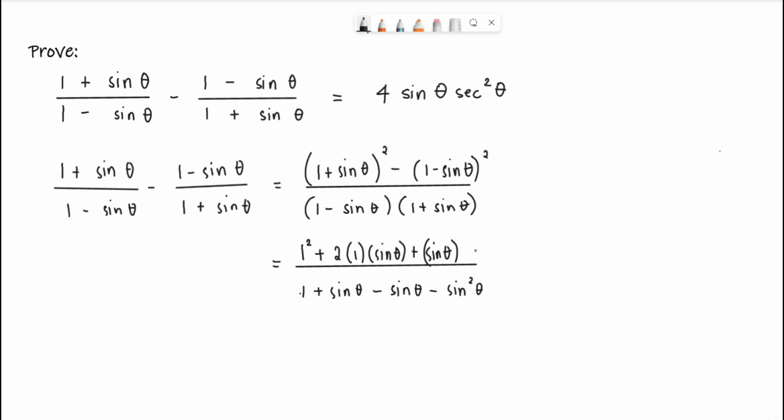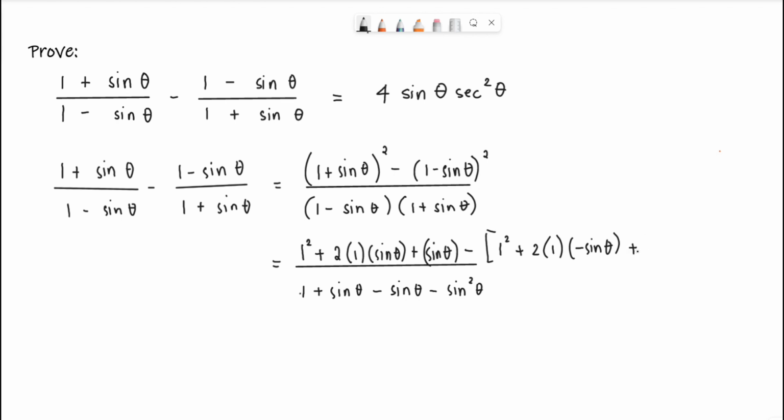The other term would be, squaring this, we will have 1 squared, and then twice the product of our two terms will be plus 2 times 1 times negative sine theta, and then let us square the last term, which is negative sine theta.